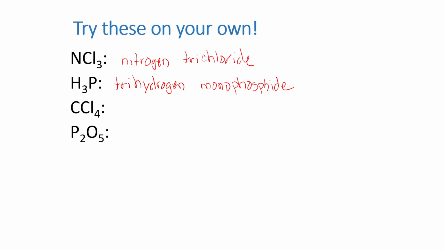CCl4. I have 1 carbon. Carbon is the first element, so no mono, just the carbon. I have 4 chlorines. 4 is tetra. Now chlorine starts with the C, which is a consonant, so I'm going to make it tetrachloride.